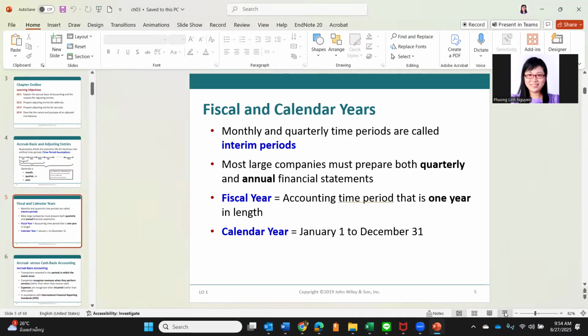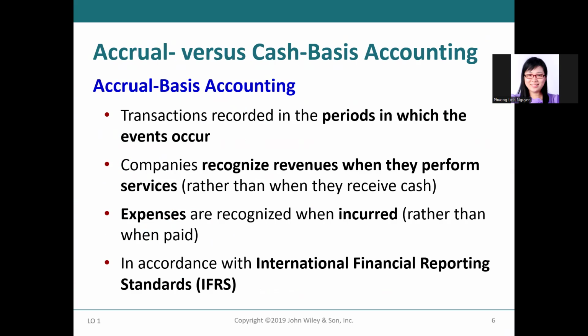Okay, let's continue with accrual basis accounting. Accrual basis accounting says that transactions should be recorded in the periods in which the events occur. So when the company performs a service for the customer, the company has to recognize revenues, even though they haven't received money yet. They can receive the money after that.